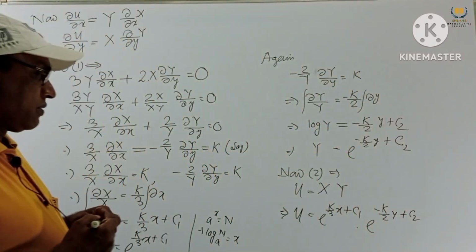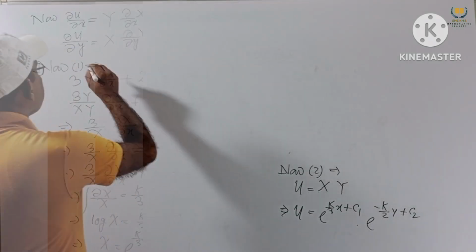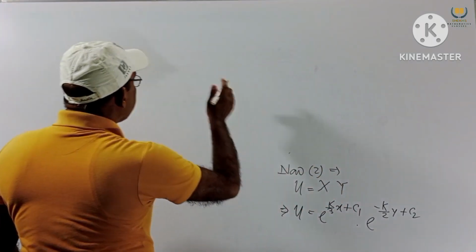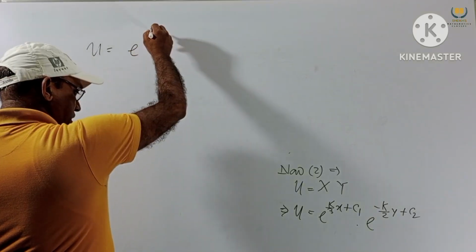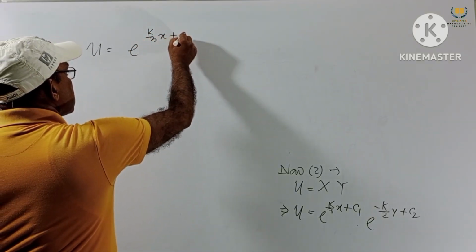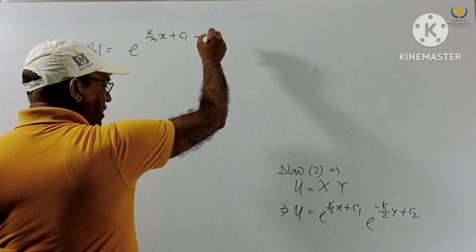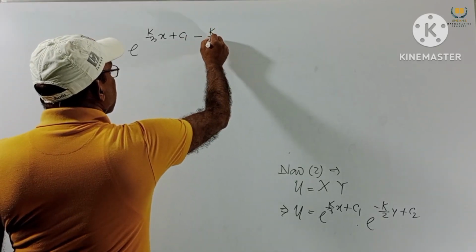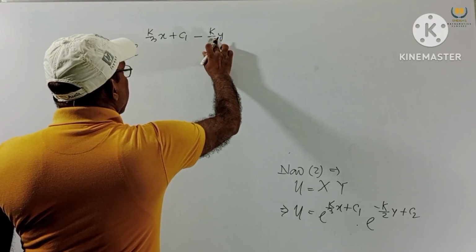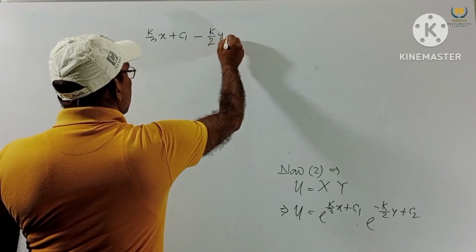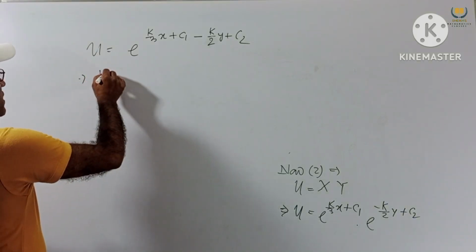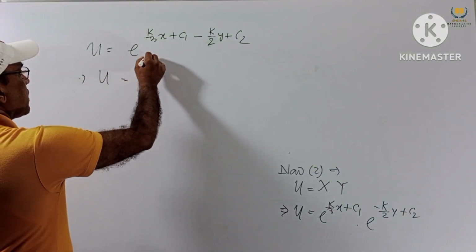We get this one. This implies u equals, if the base is same, the powers will be added, e to the power k by 3x plus c1 minus k by 2y plus c2.